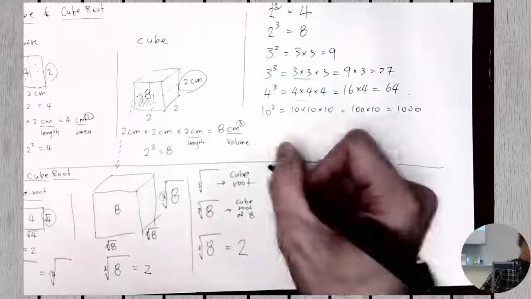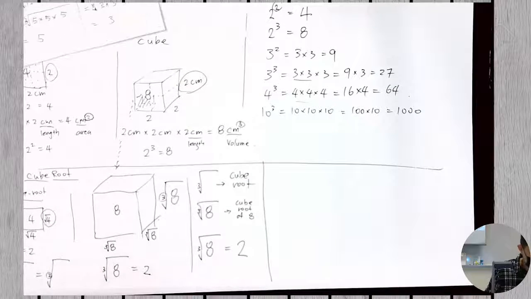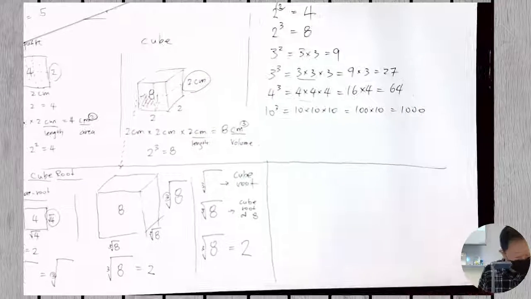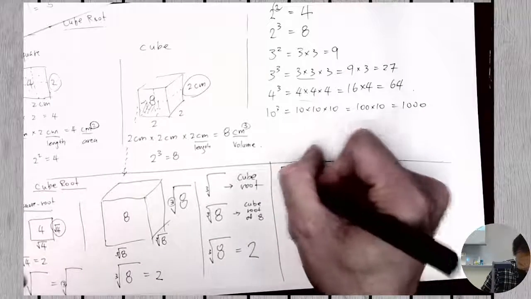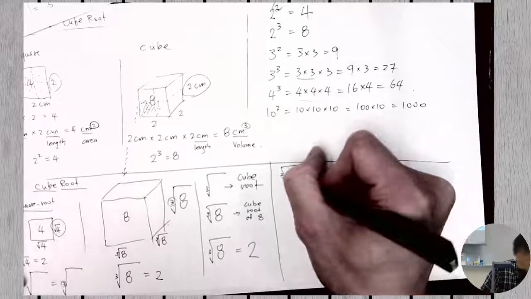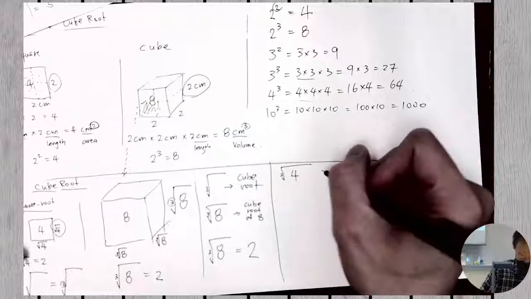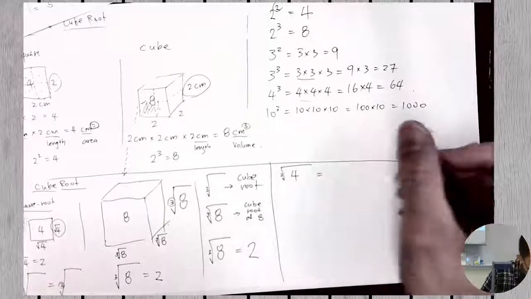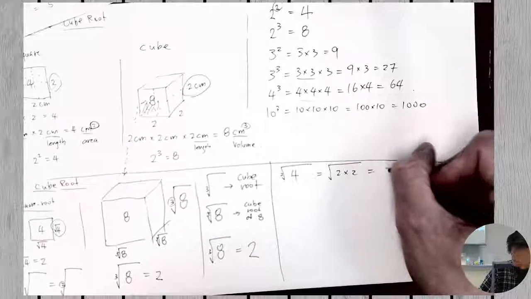Now I'm going to do some calculations, some questions that you would be seeing. Let's start with square root of 4. We know that this is equal to 2, but I'm going to expand it before I give you the answer, so that things will make sense.